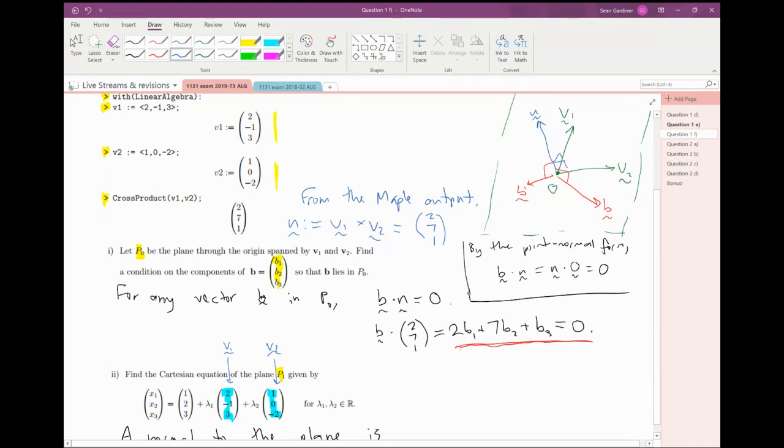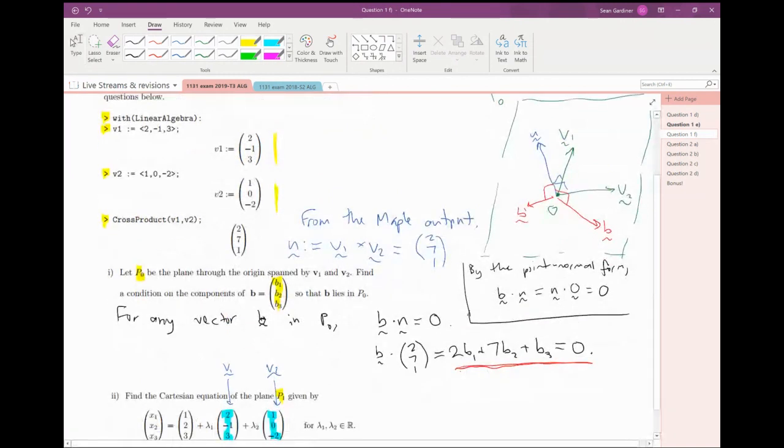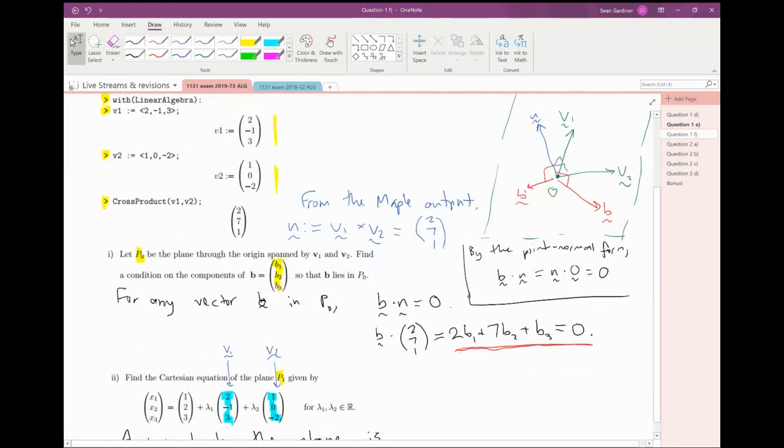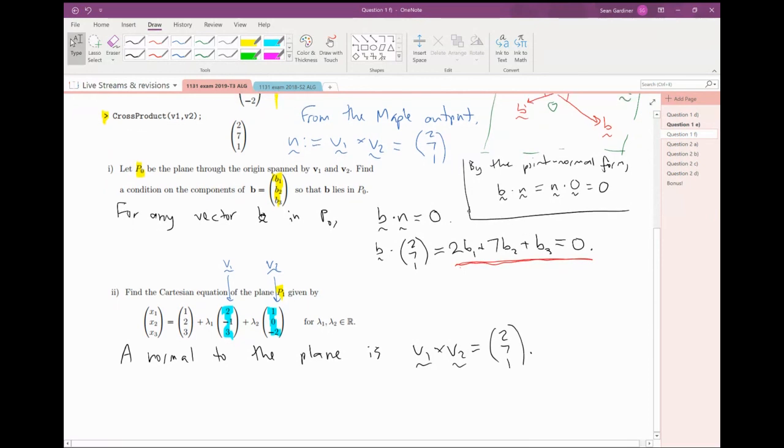So as was said, just because it's a new part, it's still part of this overarching Maple question. How does it relate? Well, this is the relationship. A normal to the plane is going to be the cross product of those two vectors, V1 cross V2, and we already know what that is thanks to the Maple output. It's 2, 7, 1. What's the point on the plane?